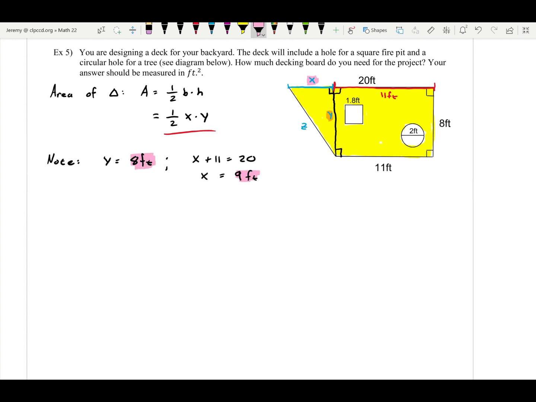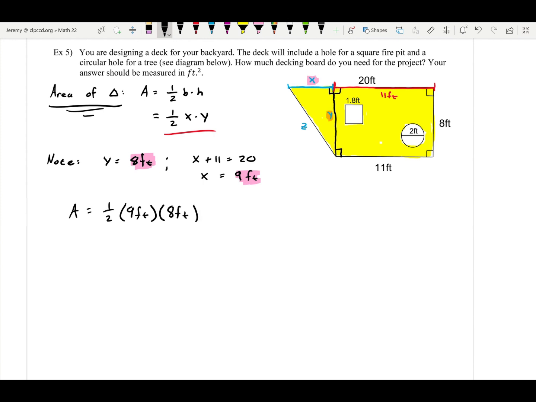Okay, so now let's pick back up. The area of the triangle, which is what I'm working on here, is going to be 1/2 times 9 feet times 8 feet.